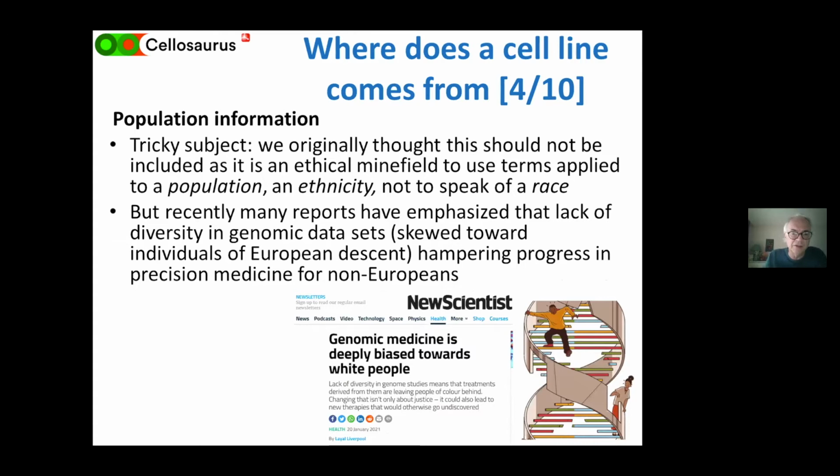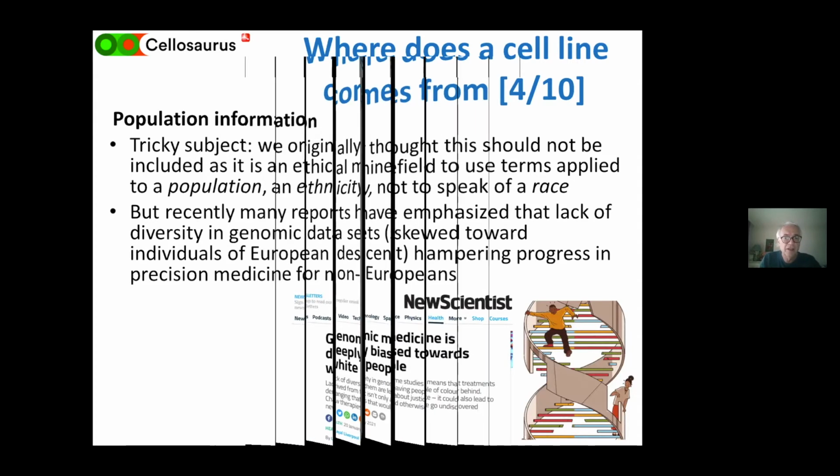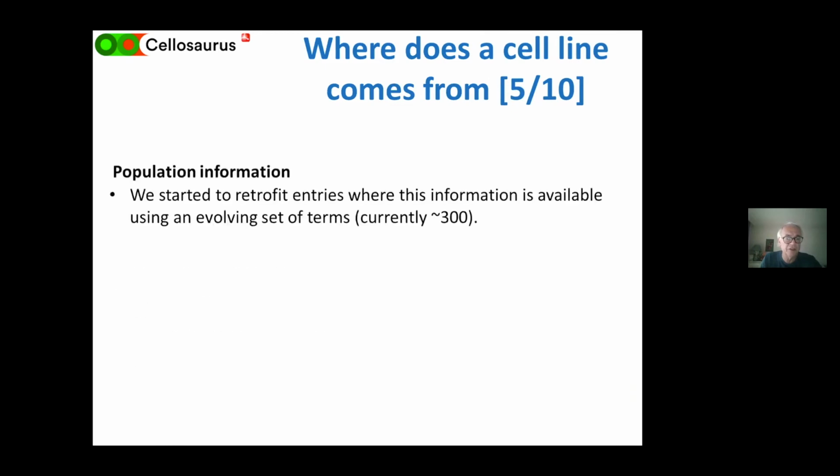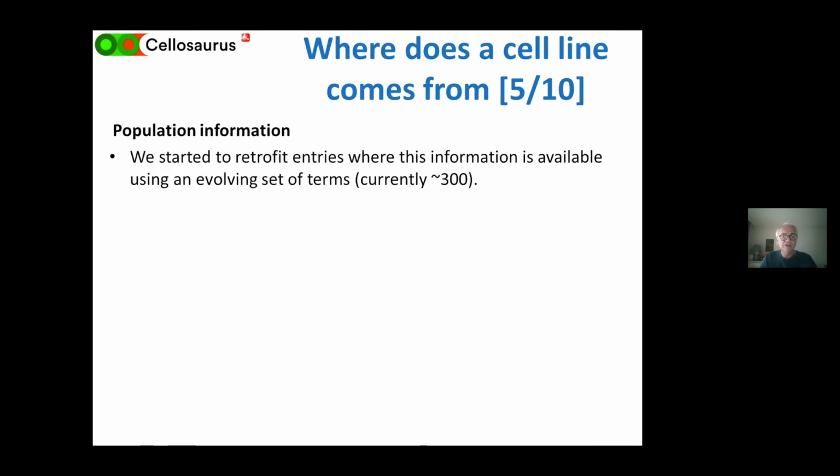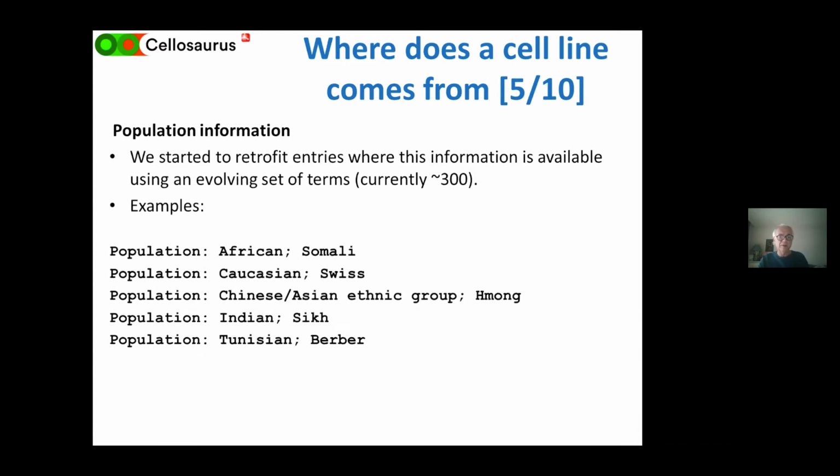This is an article in New Scientist a month ago. And in fact, it becomes important to note if the cell line comes from a non-Caucasian population, because it can be useful for people doing medical research for those non-Caucasian populations. So we started entering this information, and we have a small, evolving set of terms describing population.